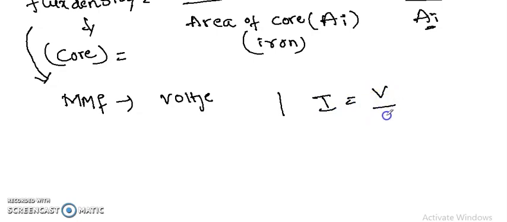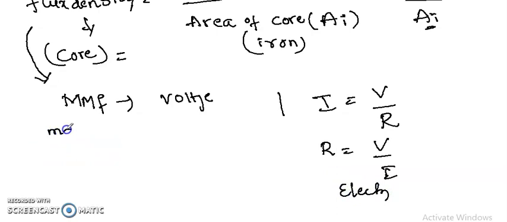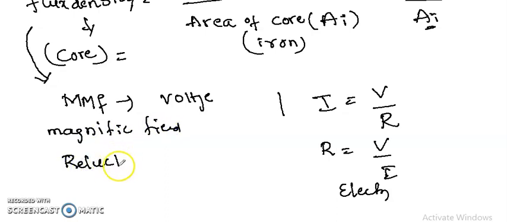So in the electrical field, R is equal to V by I. In the magnetic field, it is the reluctance, which is MMF divided by flux. MMF is just like a voltage, the magneto-motive force.